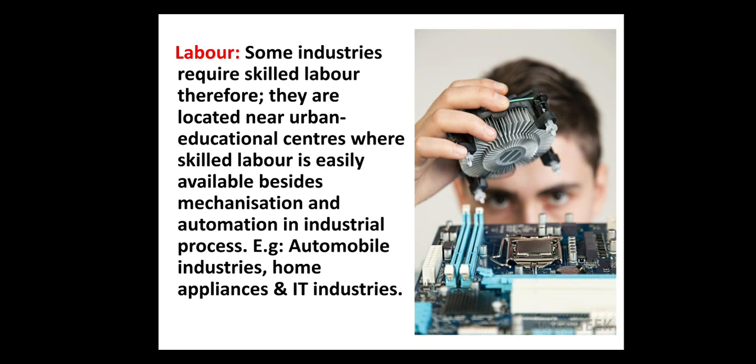So they are located near urban educational centers. Why? Because in urban areas we have many educational institutes, so they get a large number of skilled labor from these institutes.